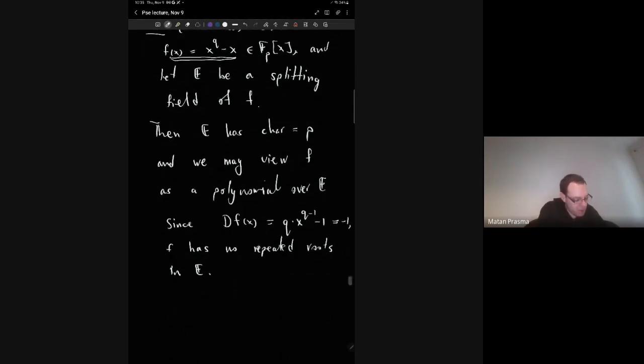Okay, now I consider the set of all roots of f. Let's call it K. This is all the a's in E such that a to the q minus a is equal to 0.